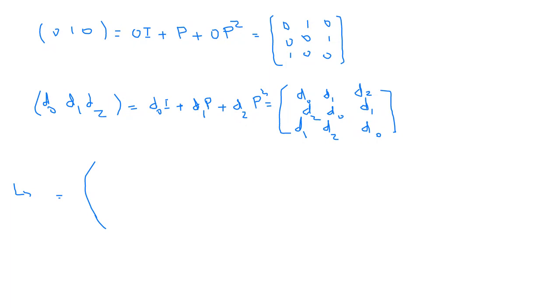So you should get D2, D0, D1. Then the last row in D would shift to an upper position. So you will have D1, D2, D0, because you multiplied by the shift matrix, and the first row would become the last.